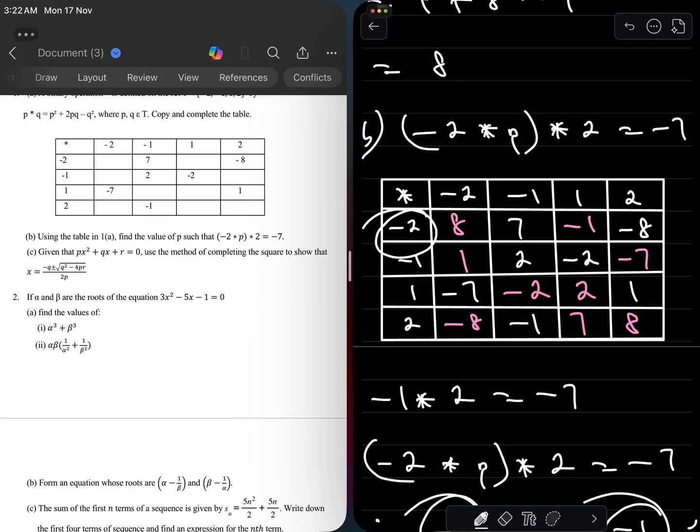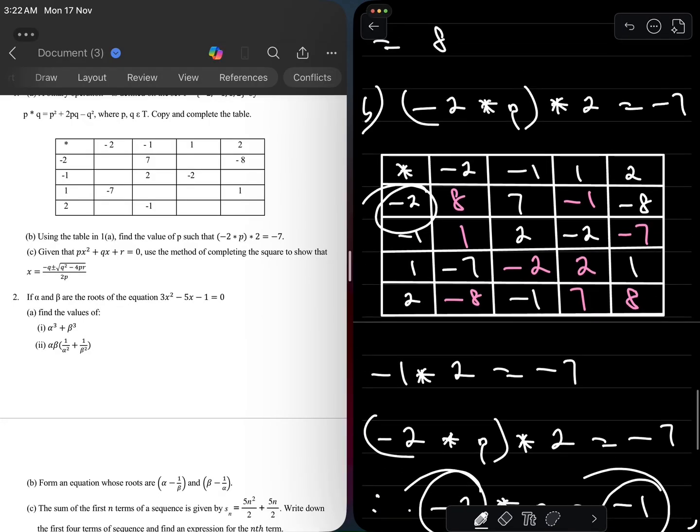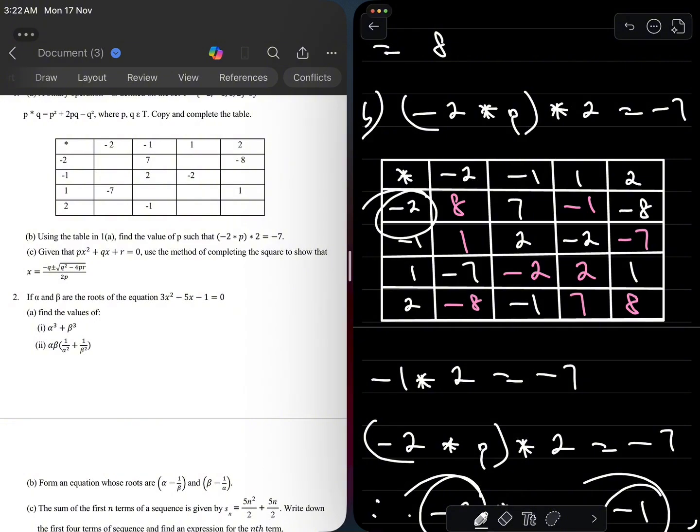So what do we combine it with to get minus 1? We'll see that minus 2 asterisk 1 will give us minus 1. That's minus 2 asterisk 1.